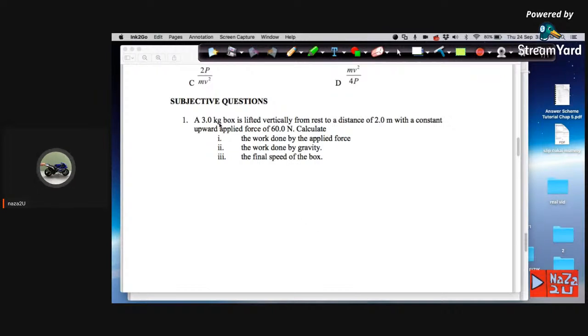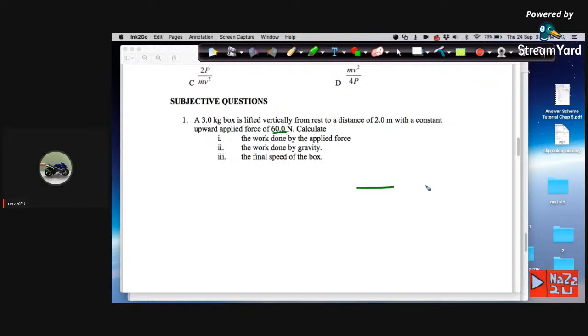Subjective question number 1. A 3 kilogram box is vertically lifted from the rest at distance 20 meter with a constant upward force 60 Newton.